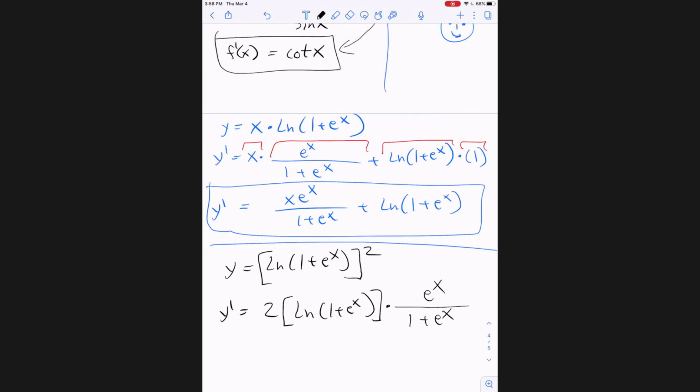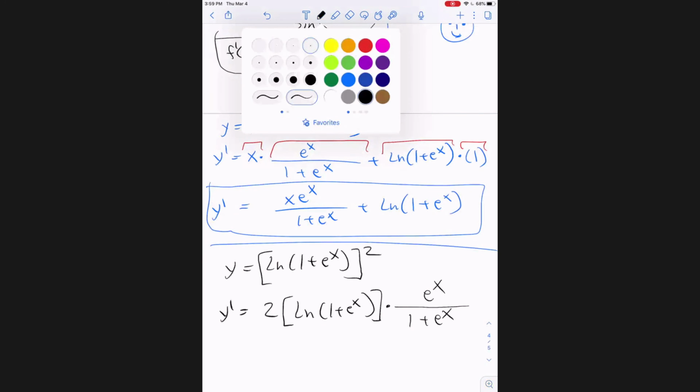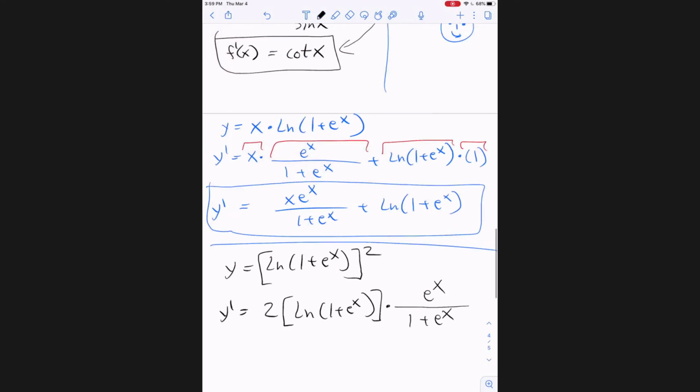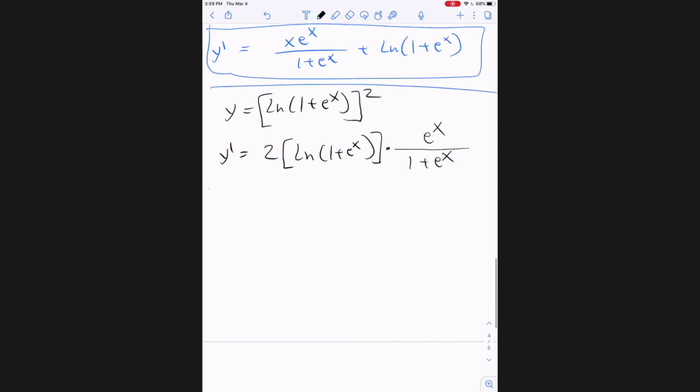All right, remember your properties of logs from Algebra 2 or college algebra. These properties that I'm going to write are good for all the bases, but I'm going to write them in terms of natural log. So natural log of AB is equal to the natural log of A plus the natural log of B. Do you remember that from Algebra 2?